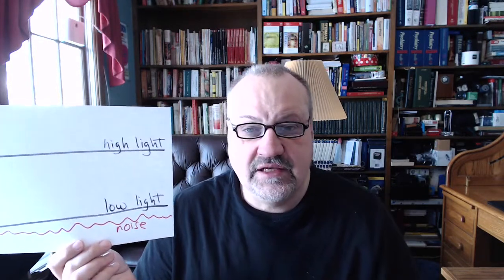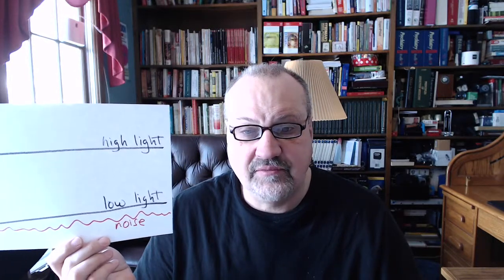When you're in a low light condition, even though you're boosting the ISO, in other words, turning up the gain or the volume on that sensor, you're not changing the sensor, you're just turning up the amplification on it. The low light is a lot closer to the noise floor, and so you tend to see noise and degradation in pictures. So in a perfect world, most people would recommend that you take your pictures at an ISO of 100 or 200 for any camera, but that's of course not possible.